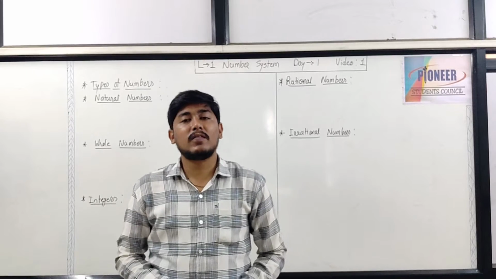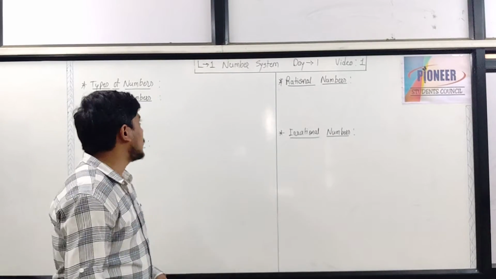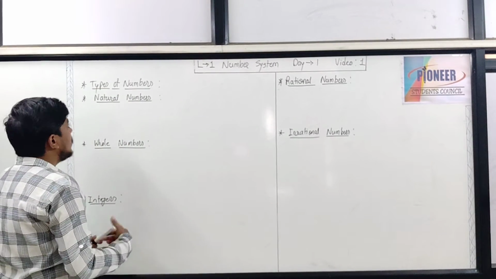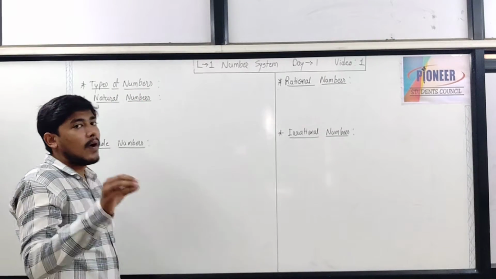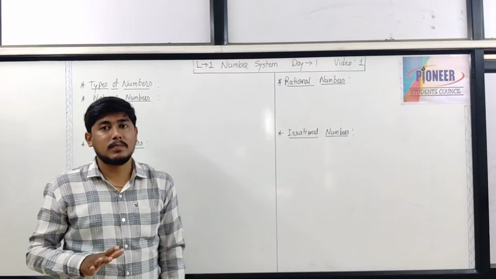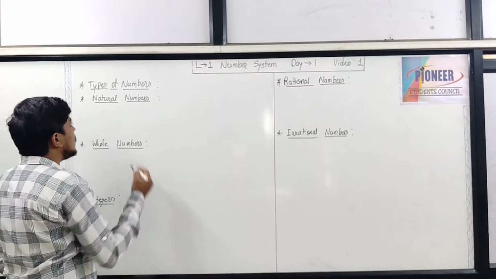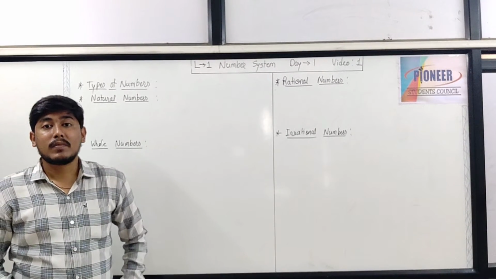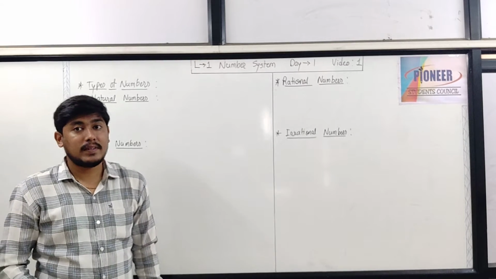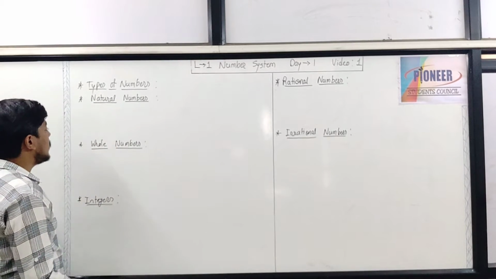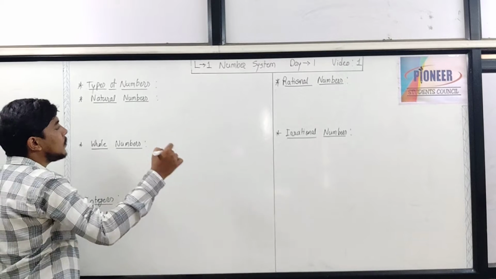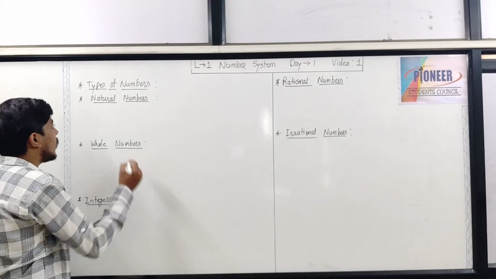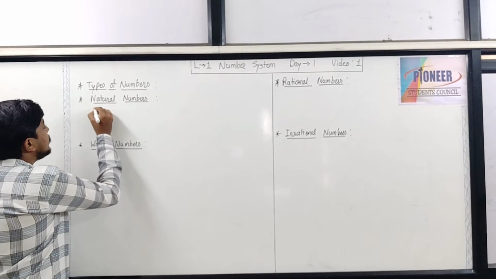Starting from this, let's have a look at some types of numbers that occur in the number system. The first is natural numbers. What do you mean by natural numbers?